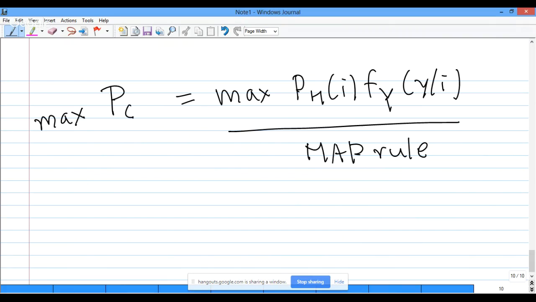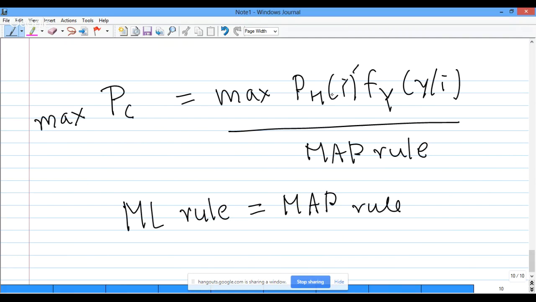Now what is an ML rule? An ML rule is the same as the MAP rule when my priors are equal. When the probabilities of all hypotheses are uniform, this does not remain a function of i, and thus trying to maximize the posterior probability is the same as trying to maximize the likelihood, and hence the ML rule is the same as the MAP rule given the priors are equal.